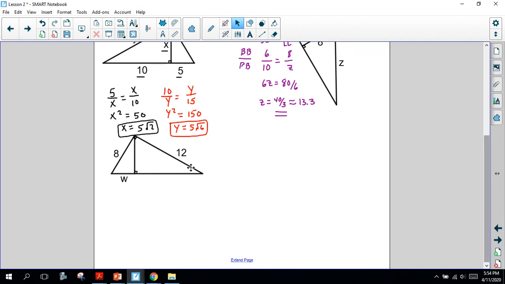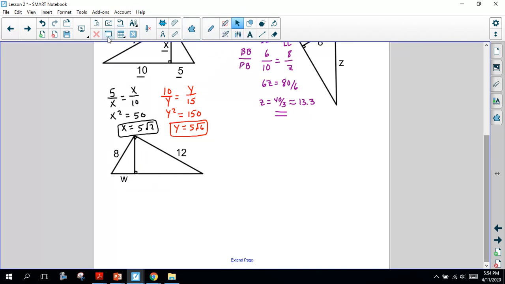Once again, here's a leg of 12. It's a geometric mean between this projection and the entire hypotenuse. Once again, those are both unknown. So in my mind, as I'm looking at this, I'm thinking maybe what I can do is use the Pythagorean theorem to get the length of Papa Bear's hypotenuse to help me write that proportion.